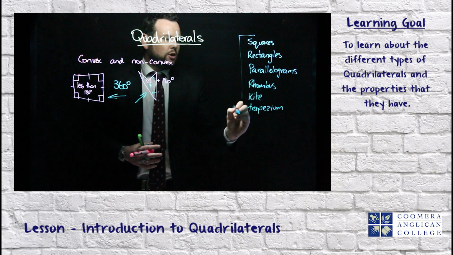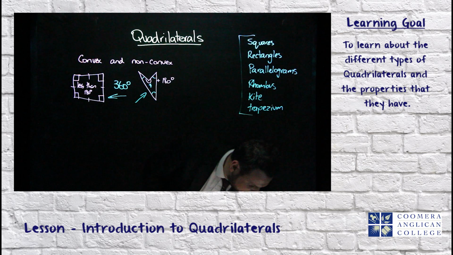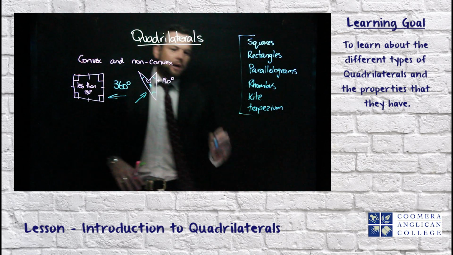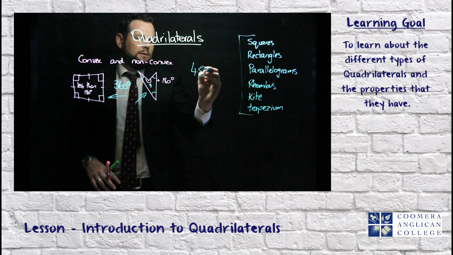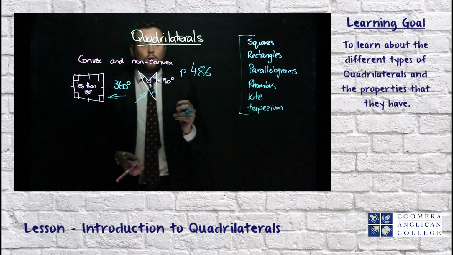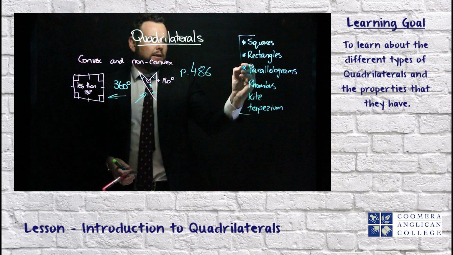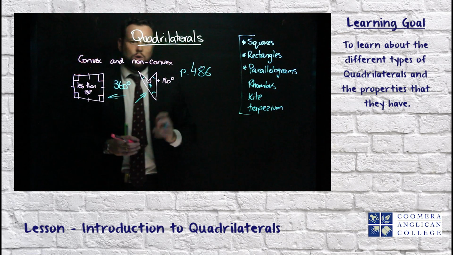Now, all of these, you can go to page, let me just double check, 486 in your textbook, and in those key ideas it will go through what properties these actually have that make them special quadrilaterals.